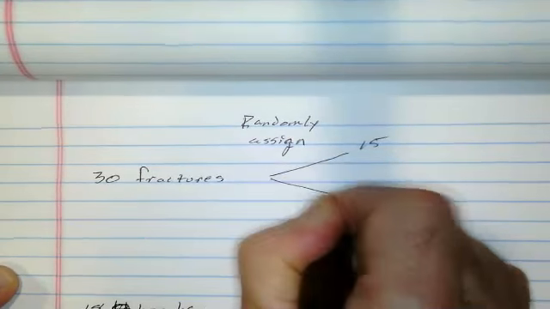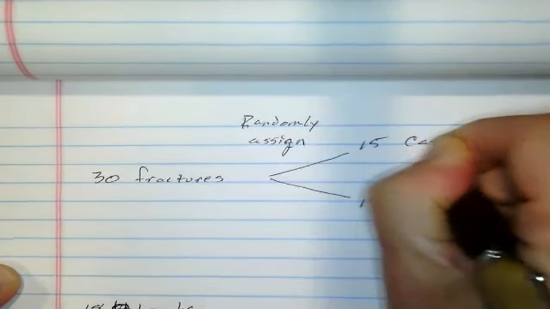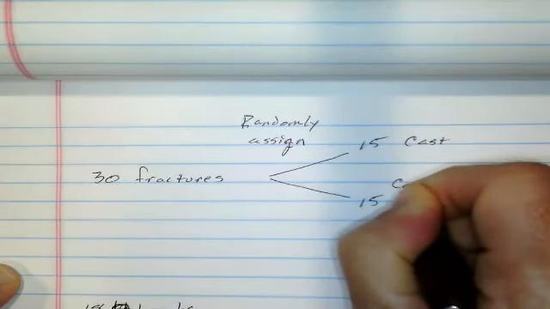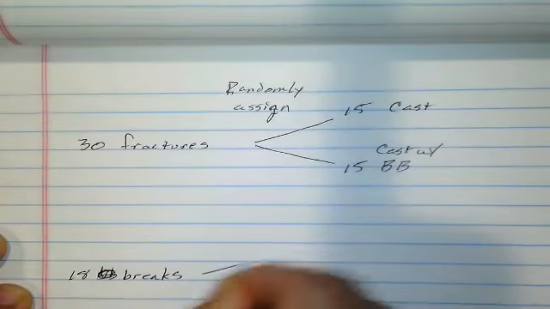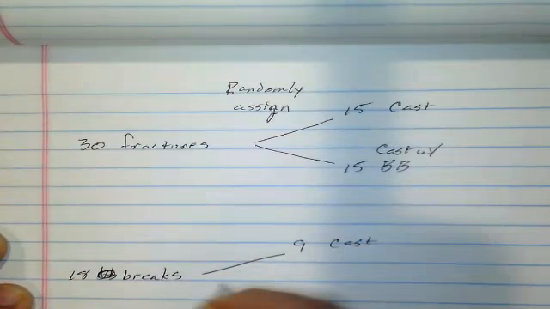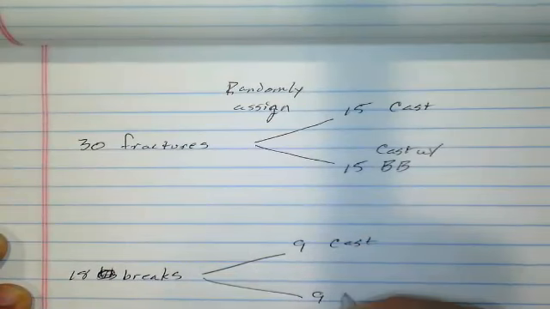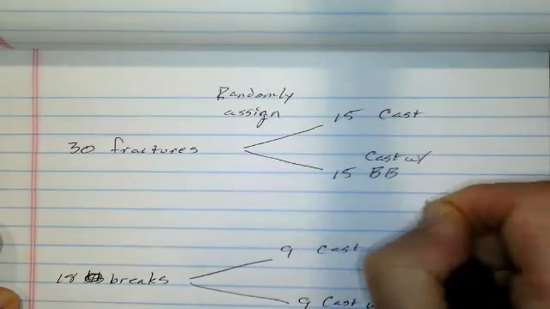Fifteen with a cast with bone builder, and then 9 with a cast, 9 with a cast with bone builder, and then compare results.